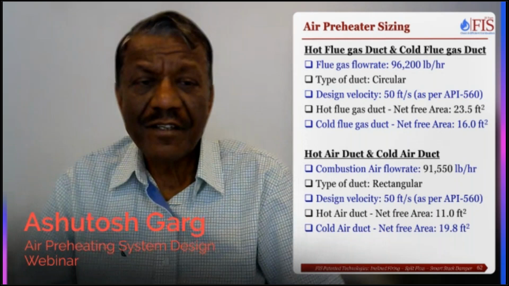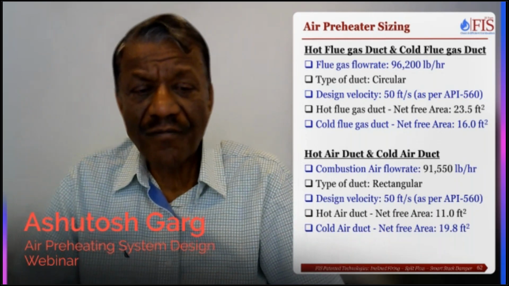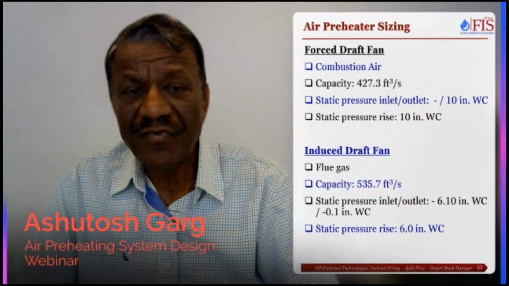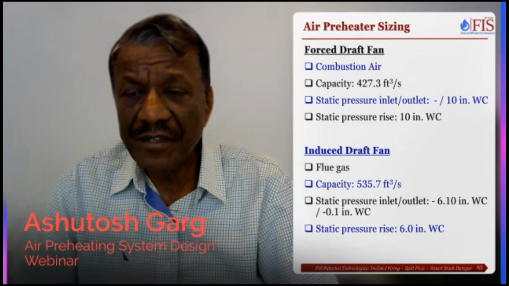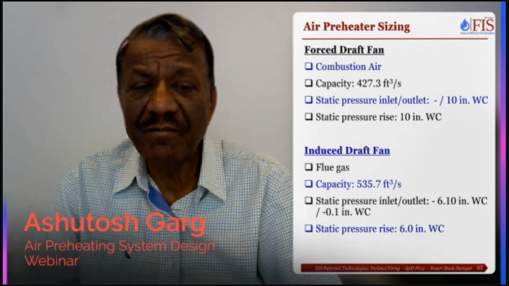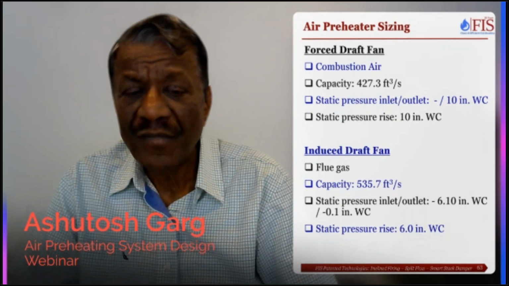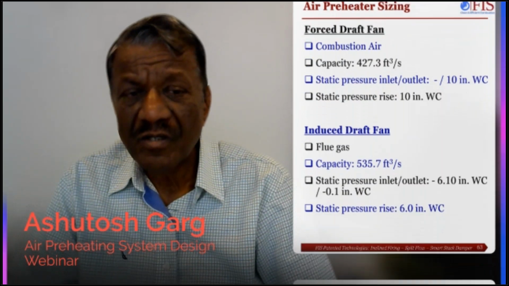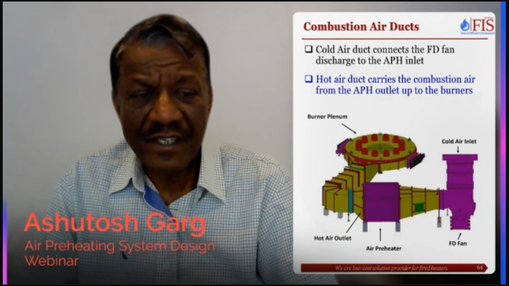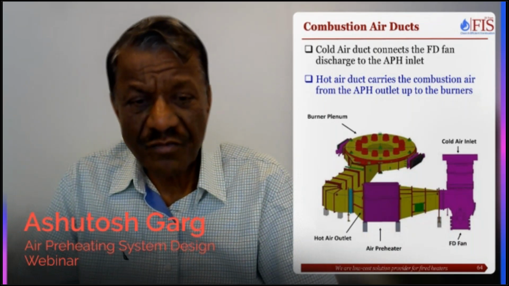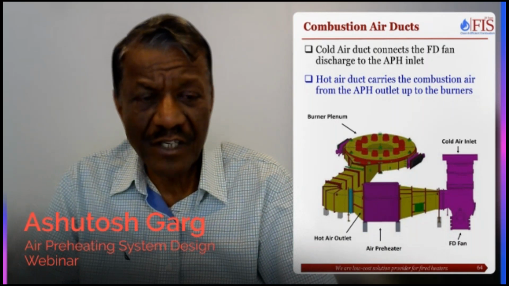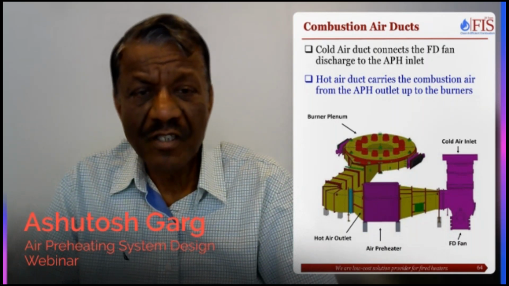And we have done this 50 feet per second velocity sizing for the cold air duct, hot air duct. Forced draft fan is basically simple pressure losses. Induced draft fan, the same thing. So combustion air duct, this is showing for our indirect air preheater, showing an air preheater, FD fan, cold air stack.